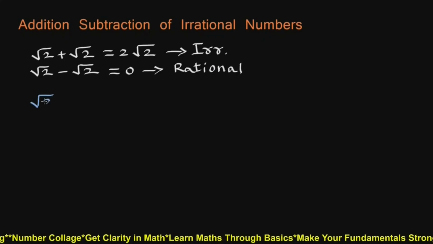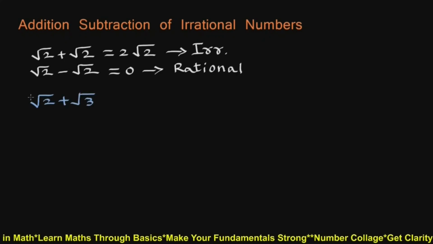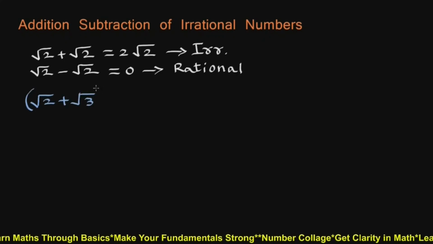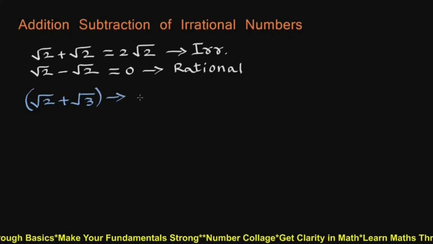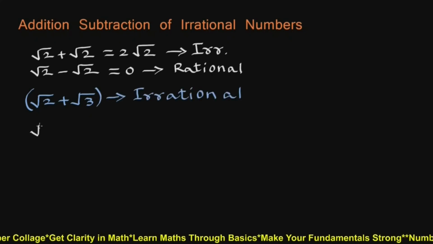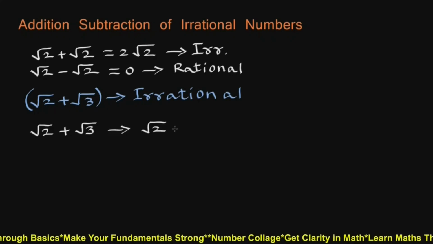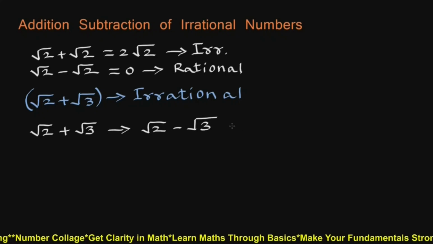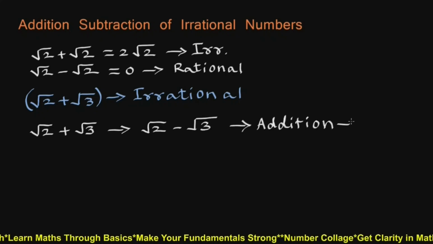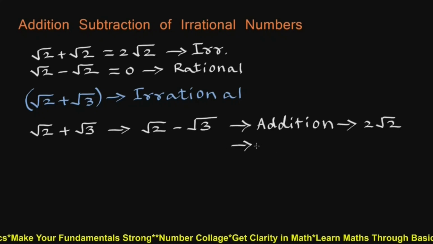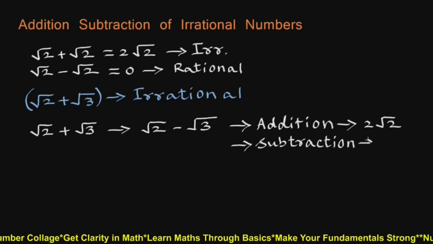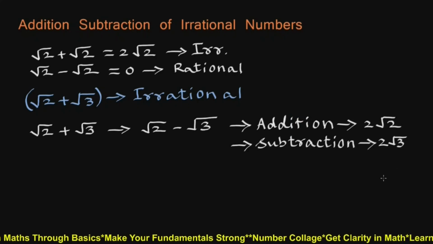Adding root 2 and root 3 cannot be simplified further, and these two numbers together give us an irrational number. Conjugate of root 2 plus root 3 is root 2 minus root 3, which after addition gives 2 root 2, and after subtraction gives 2 root 3, an irrational number.